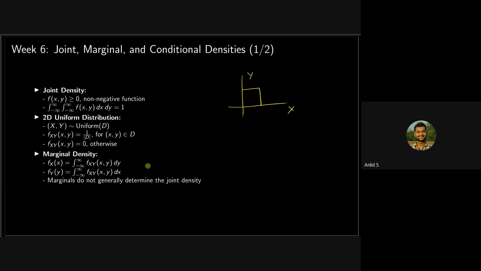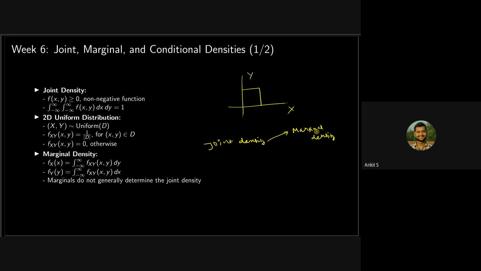Marginal is calculated by adding up the joint densities, right? So if you have a joint density, you will go to a unique marginal density, or marginal PMF in the discrete case.